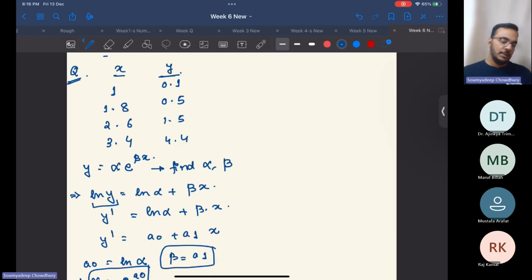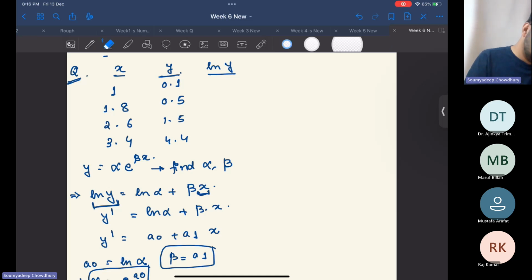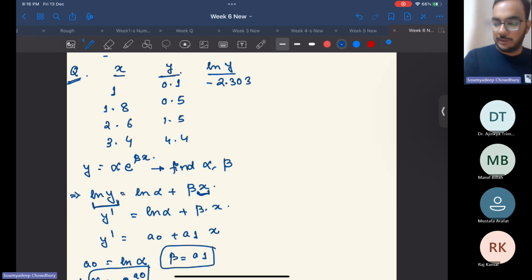So I'll show you how to do that. The first step is to identify what the variables are now. It is not x and y, it is rather ln y and x, right? x is already there with me, so I find out ln y. ln of 0.1 is minus 2.303. ln of 0.5, I've already computed this, you can do this in a calculator, is minus 0.693. ln of 1.5 is 0.405.